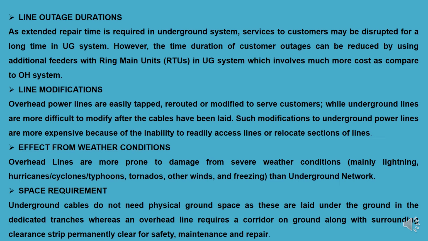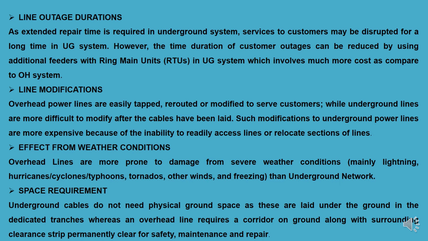It is very difficult to modify underground lines, as the cables have been laid, right? Effect from weather conditions. In case of overhead lines, there are more and more effects of weather conditions, right? So there are chances of some damage because of the weather conditions, right?